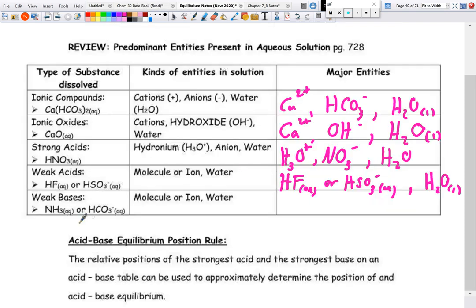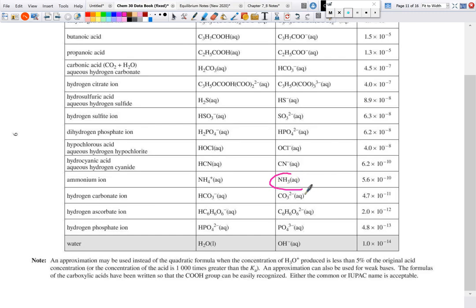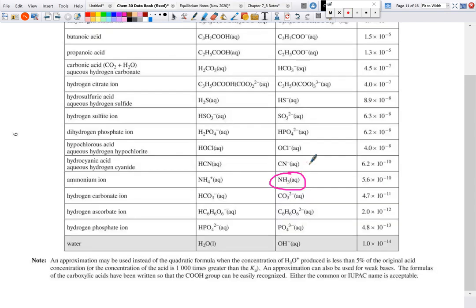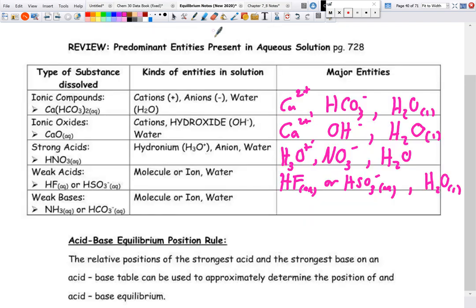So what that means is that if we're given something like ammonia, NH3, because that shows up in our base section, it's going to be a weak base because it's not hydroxide. Or even this ion, HCO3-, same thing, HCO3- shows up on this side, so it can be a weak base. If we put any of these in water, they remain unchanged.